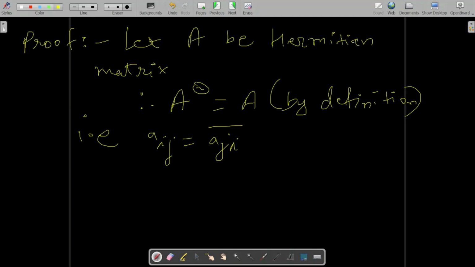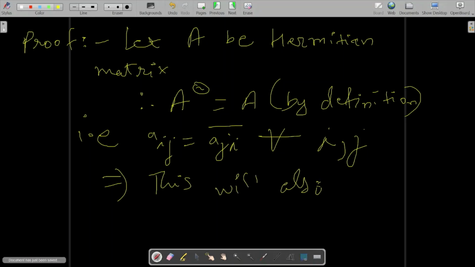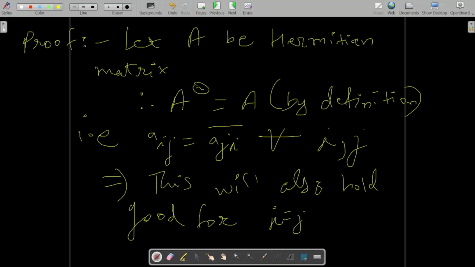Now, this holds for all i comma j, so that implies this will also hold good for i equal to j, that is, the diagonal elements.